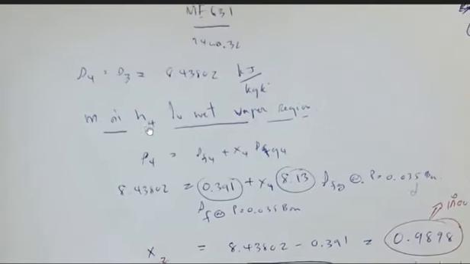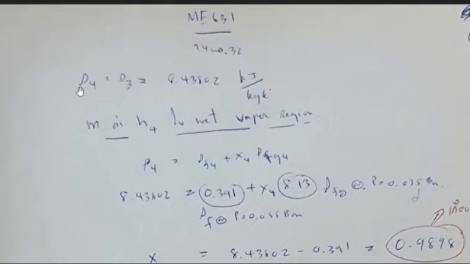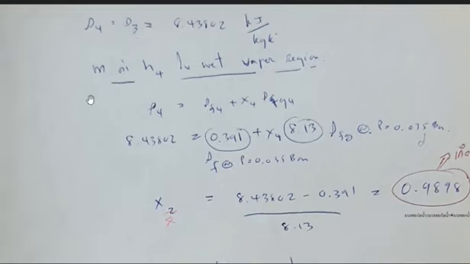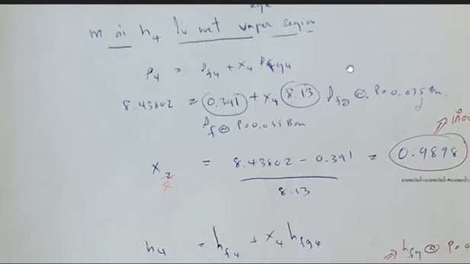As I said, entropy at point 4, S4, will be equal to entropy at point 3, S3, and we will try to find entropy or S4 in the wet vapor region. In the wet vapor region, we have a formula to find entropy. The formula would be quite similar.